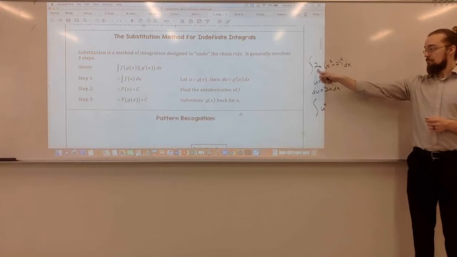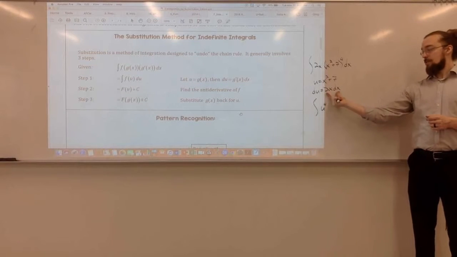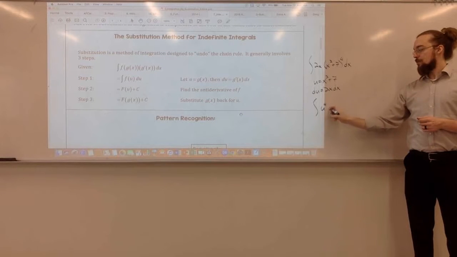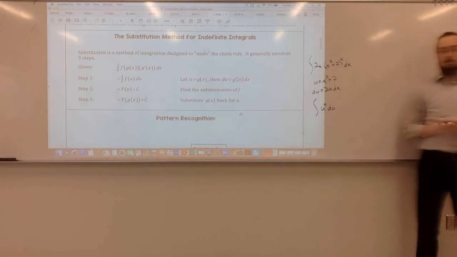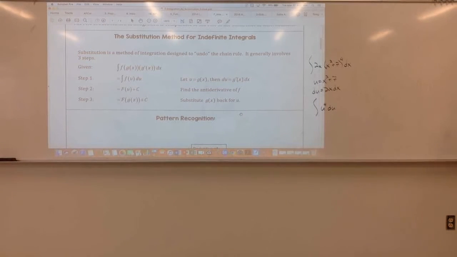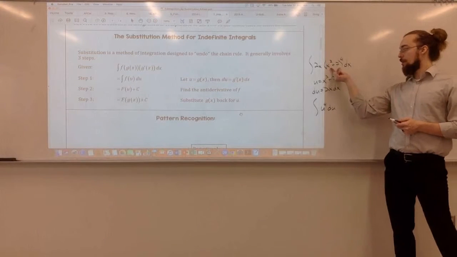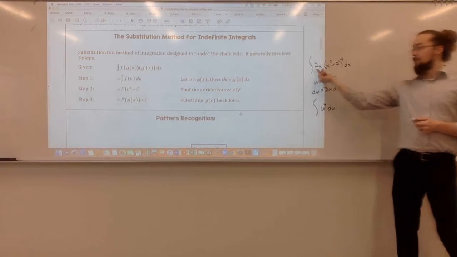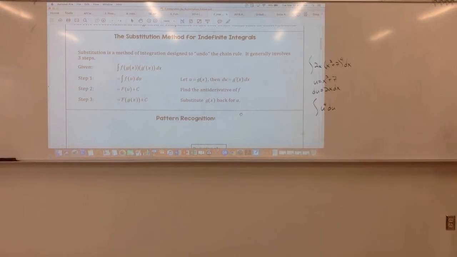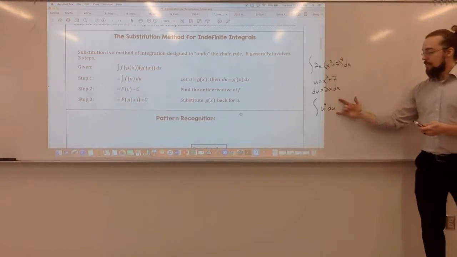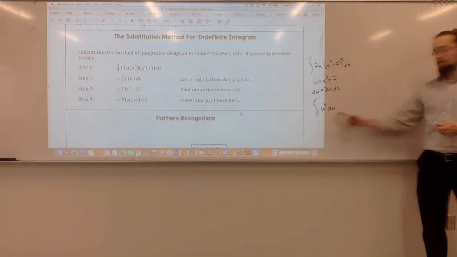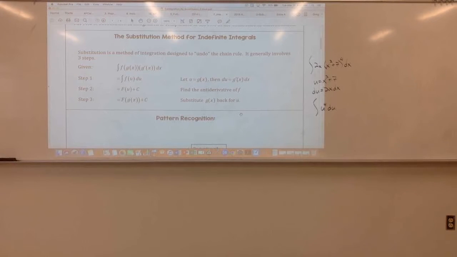And then 2x dx, that's exactly what I want, so I would just replace that with du. Okay, so I have done my u substitution now. I've defined this piece to be u. Its derivative, that is du.